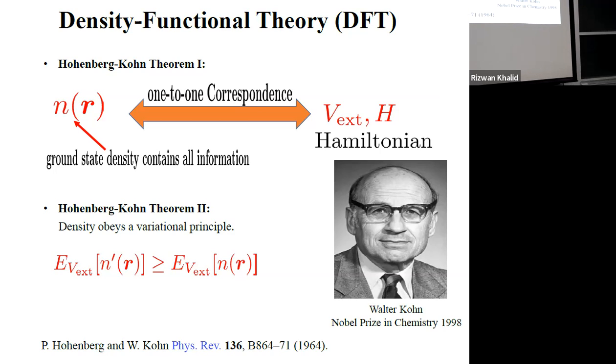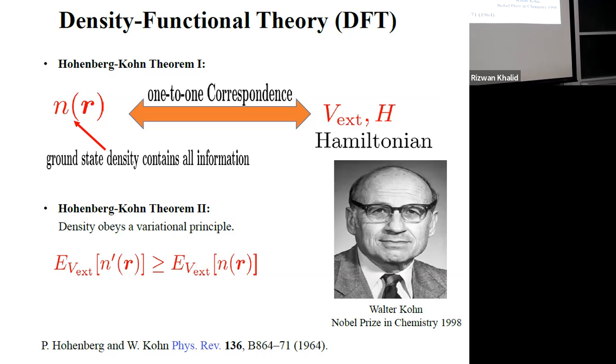You have applied some external field, then even then. So nuclear field or external field are in here. So density uniquely determines the external potential and hence the Hamiltonian. So it means they have one-to-one correspondence. Knowing the density means knowing the Hamiltonian, and knowing the Hamiltonian means actually we know the wave function in principle. So there is a unique correspondence between density and the Hamiltonian.